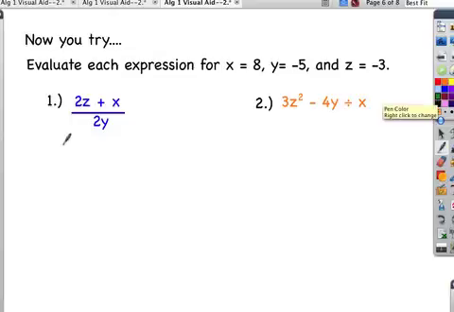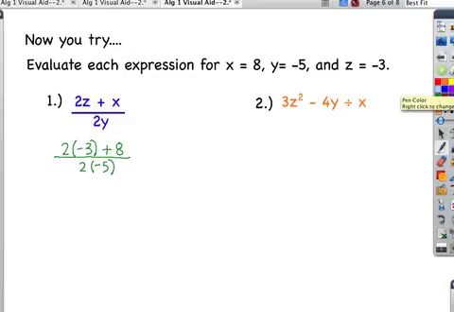Number 1, 2 times z, which is negative 3, plus x, which is 8, all over 2 times y, which is negative 5. We simplify the numerator, we simplify the denominator, and then we divide, or reduce. So, in our numerator, I'm going to begin with 2 times negative 3, which is negative 6 plus 8, over 2 times negative 5.